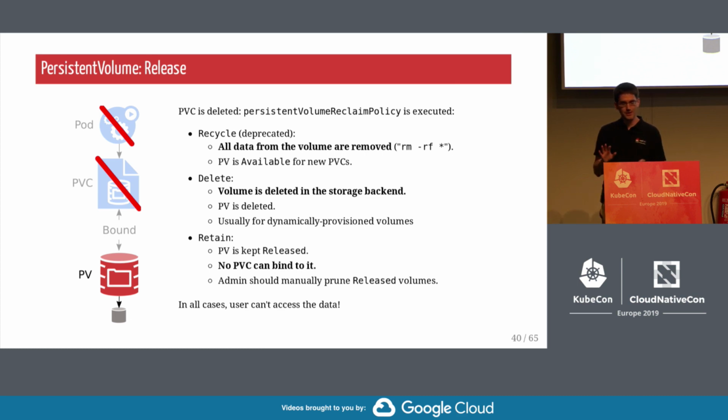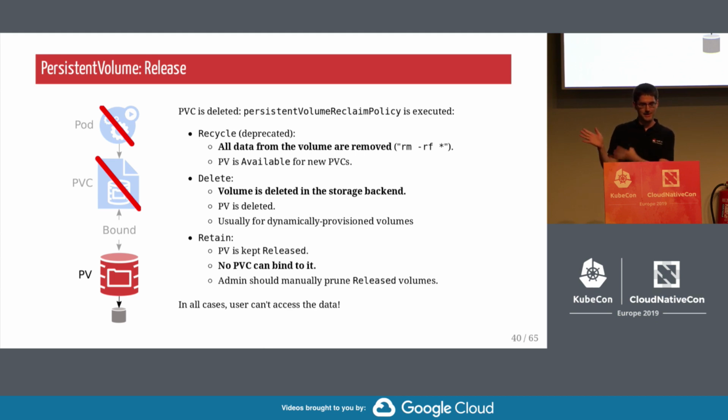Or you can use policy retain, where Kubernetes just puts the persistent volume aside. Nobody can bind to it because there can be, I don't know, credit card numbers on the volume. But the data is still there, and I, as cluster administrator, can reach the data or bind it manually to a different persistent volume claim.